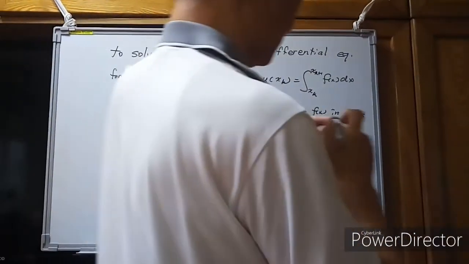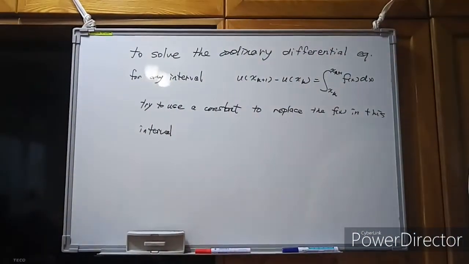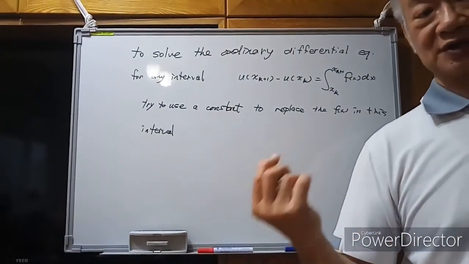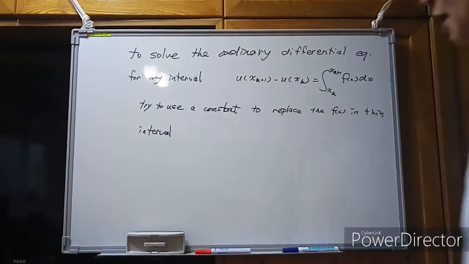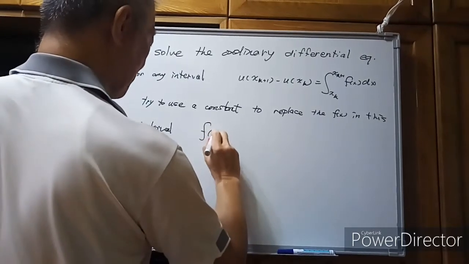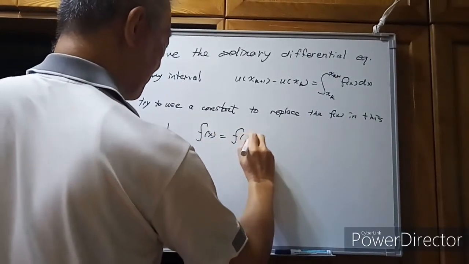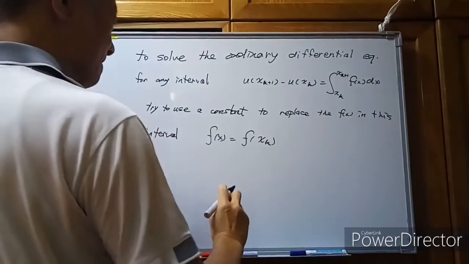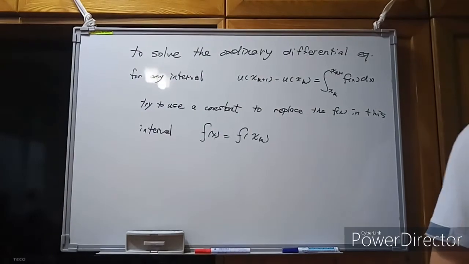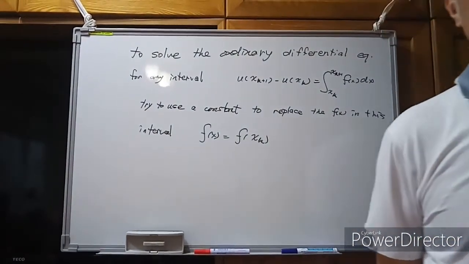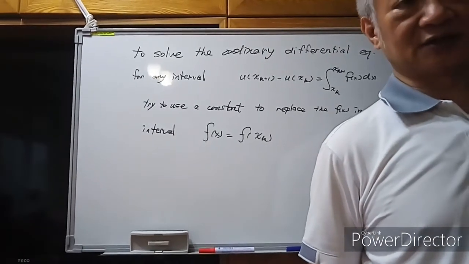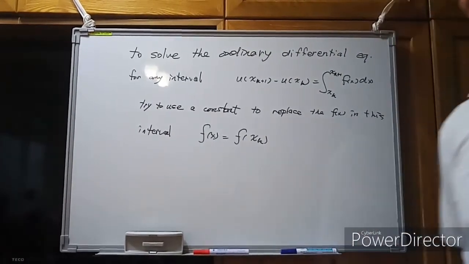The first technique, we will use a constant to replace the variable function f of x. And how can we use the constant? We will use f of xk, the function value of f at the initial point for this interval.